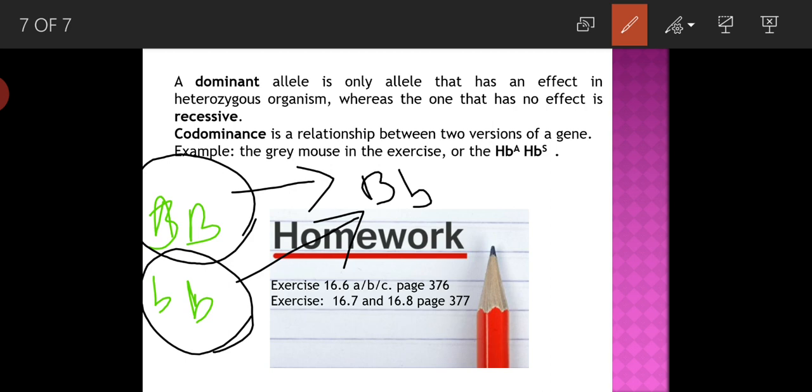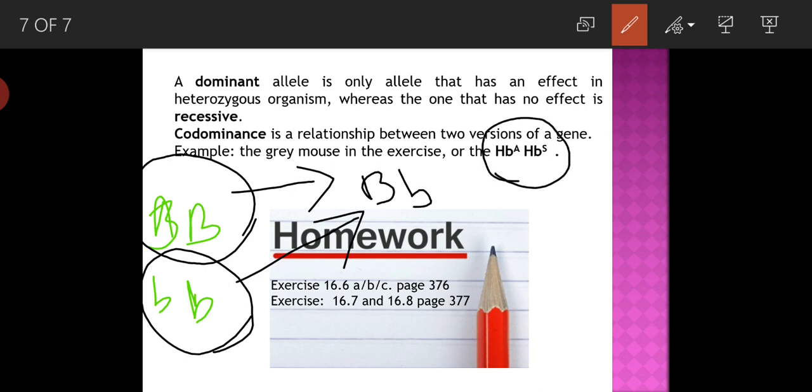And codominance is a relationship between two versions of a gene. For example, the gray mouse in the previous exercise, or the person who is normal but has the trait for sickle cell anemia.